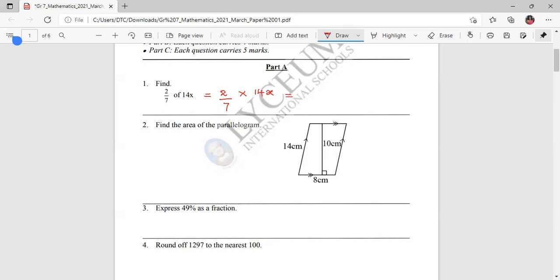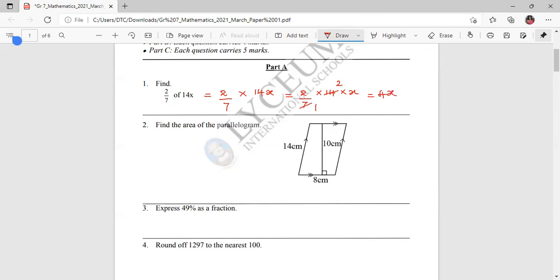If you feel that you cannot simplify this as it is, you can expand 14x, but you can also just simplify 14x and 7. If you feel it's hard, what I did was expand 14x, that is 14 multiplied by x. Then 7 times 1 and 7 times 2, so the answer will be 2 times 2, 4, and 4 times x, 4x. That is the answer, right?